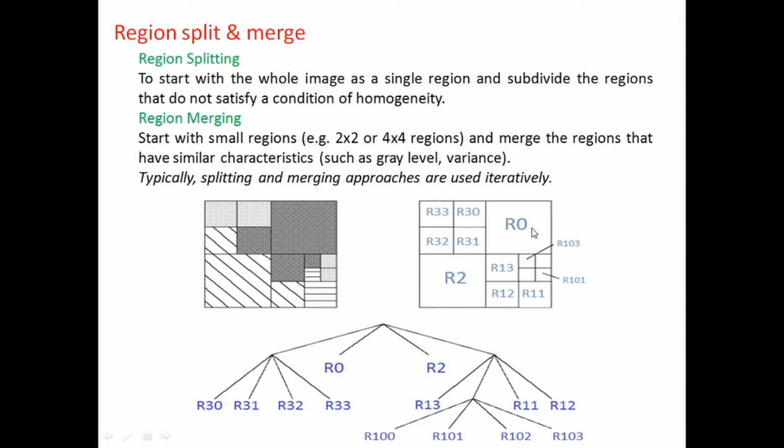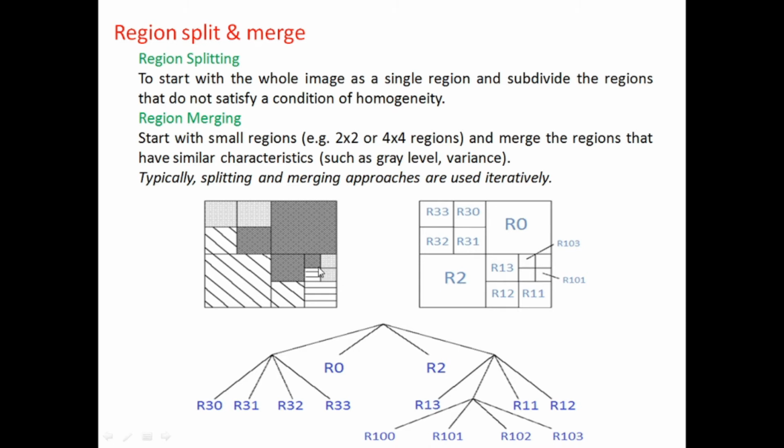Ultimately, I can sense that R0 and R2 are the two regions which have the same homogeneity in their pixel attributes. Coming to the R1 region, as I have split it into R10, R11, R12 and R13, again I am going to check the R10 region.